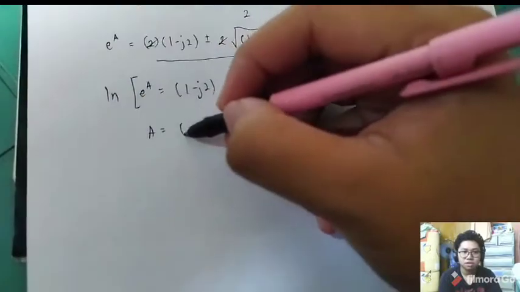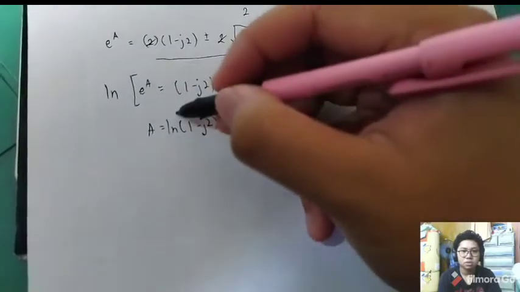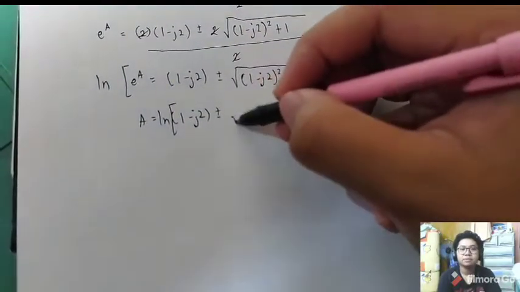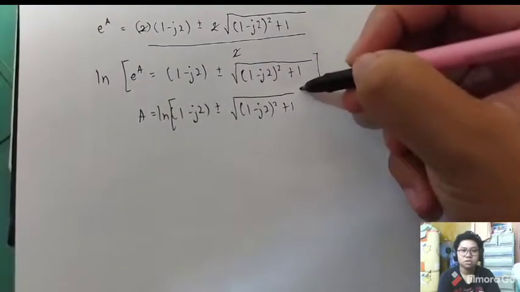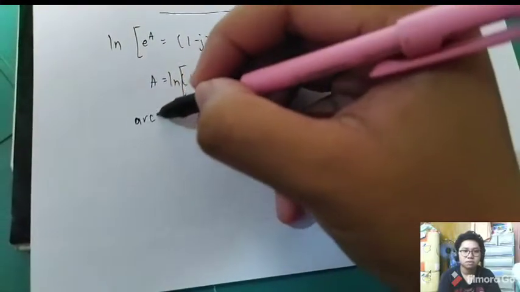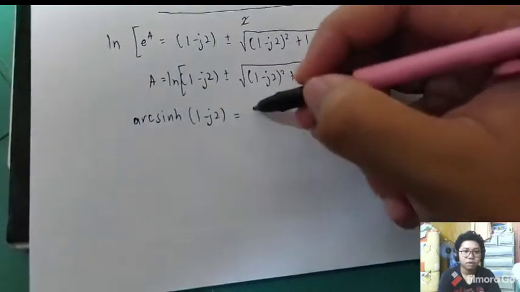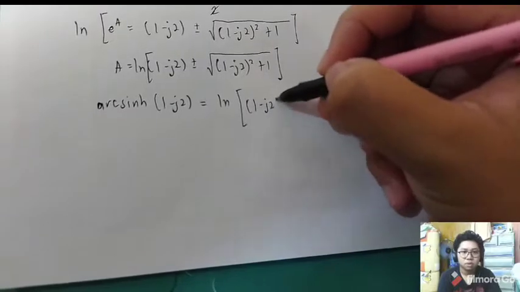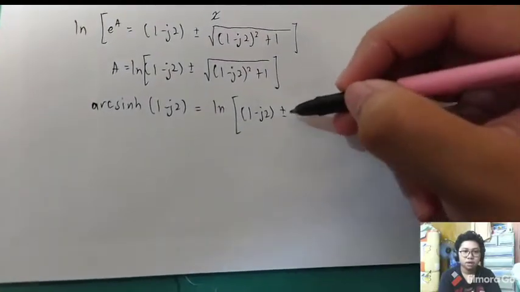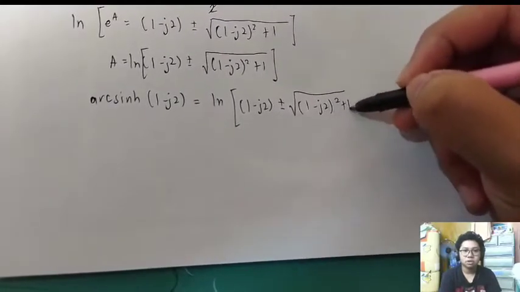And we will take the ln of both sides, that is a is equal to ln of 1 minus j2 plus minus the square root of 1 minus j2 squared plus 1. And the arc sine hyperbolic of 1 minus j2 is equal to ln of 1 minus j2 plus minus the square root of 1 minus j2 squared plus 1.